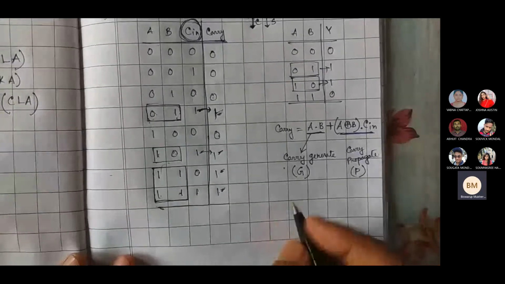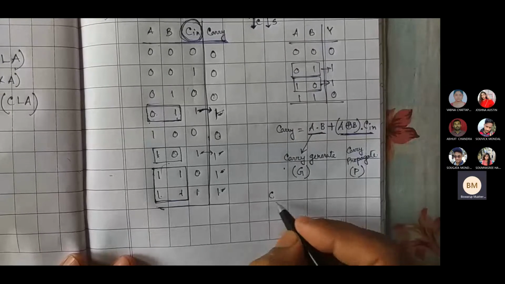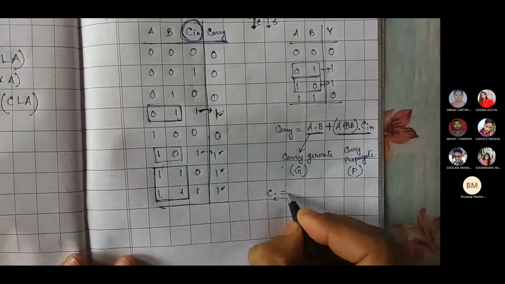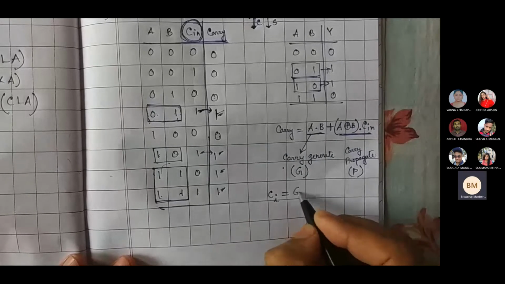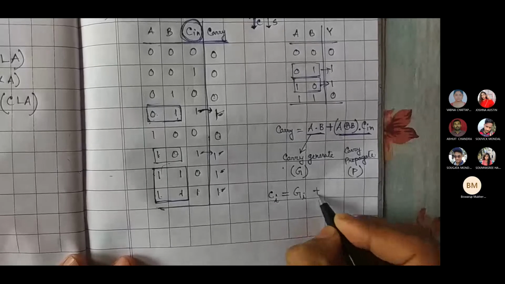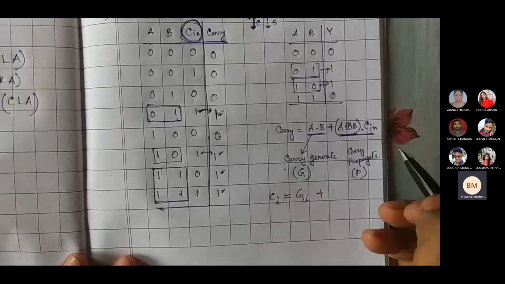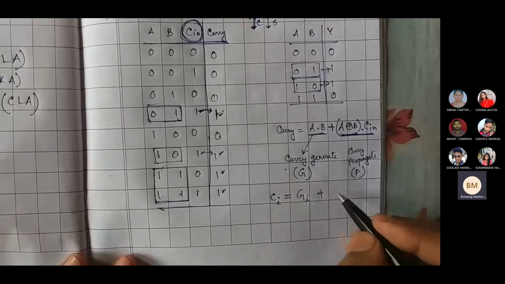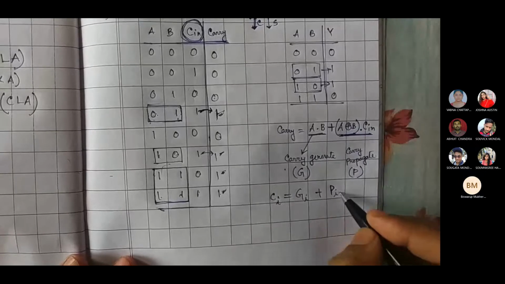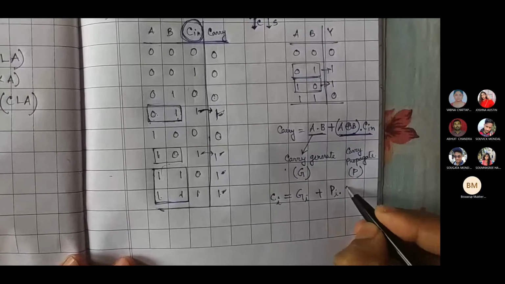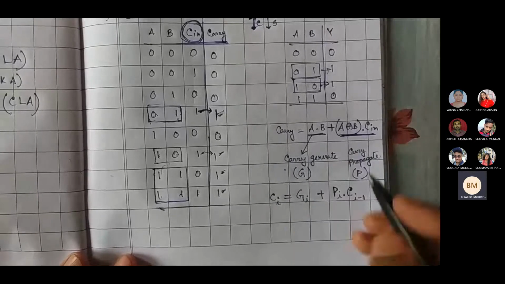The corresponding carry Ci is equal to Gi plus this term, carry propagate Pi, dot the carry Ci minus 1, just the previous carry.